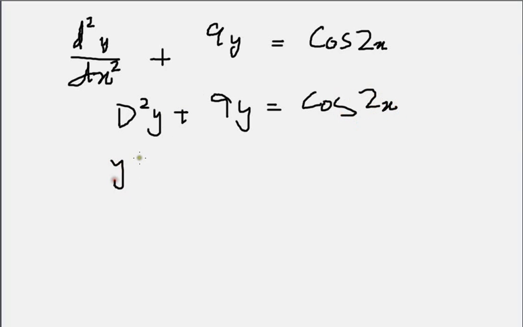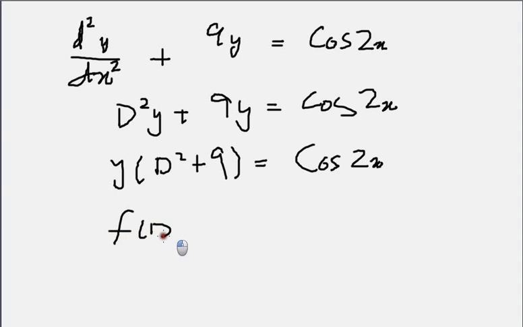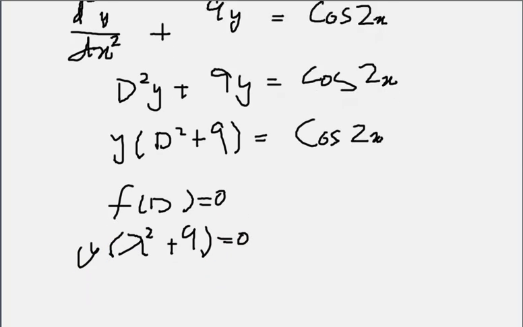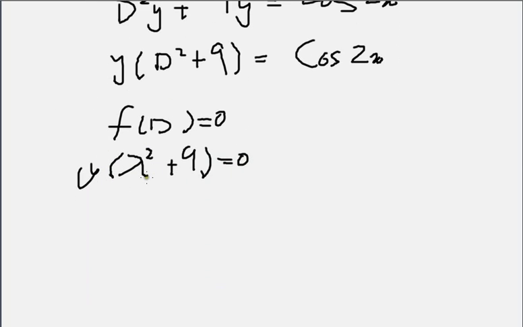Taking y as common, D square plus 9 y equals cos 2x. To find the roots, we need to take f of D equals to 0. Let's call it lambda square plus 9 equals 0.